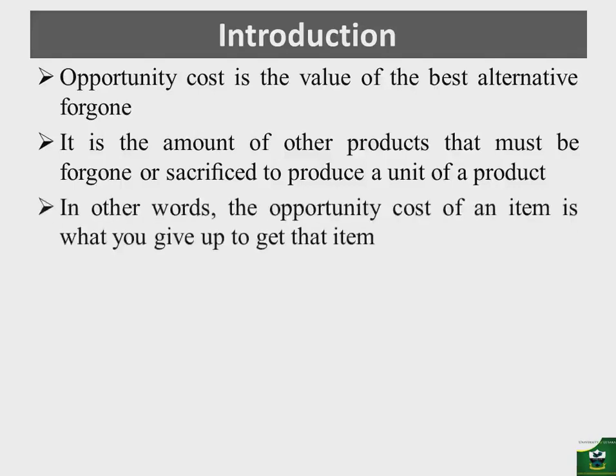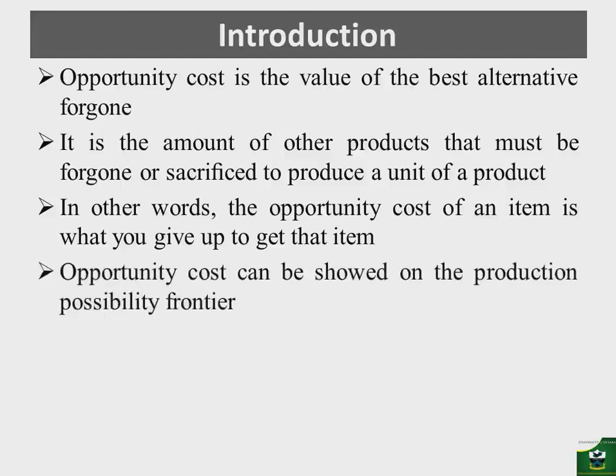Simply put, the opportunity cost of an item is what you give up to get that item. And as such, we will display the opportunity cost using the production possibility frontier, and through this same curve, we'll be able to tell whether we are faced with increasing costs or constant costs.